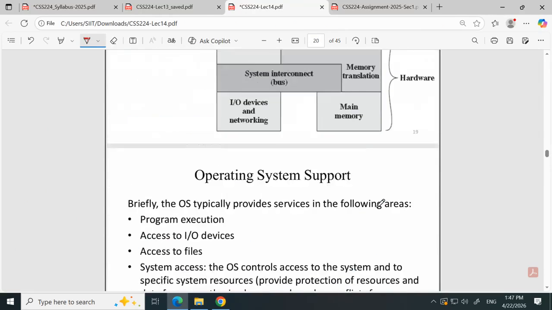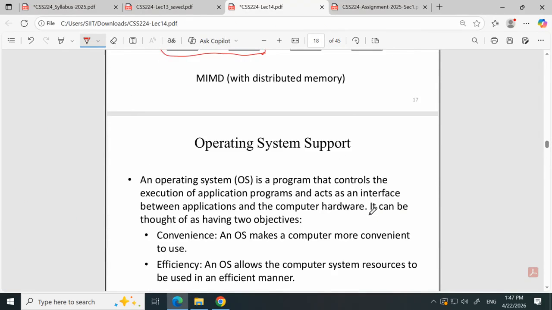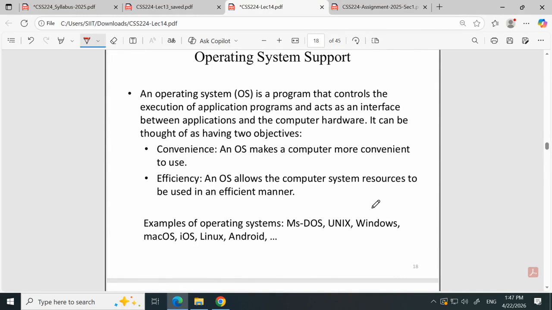So let's talk about operating systems. What is an operating system? We are all familiar with Windows, Linux, probably Android. What else? Mac OS, iOS, many more. So what is an operating system? What is it for?